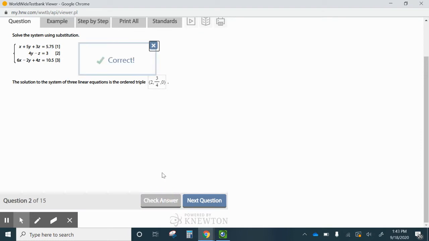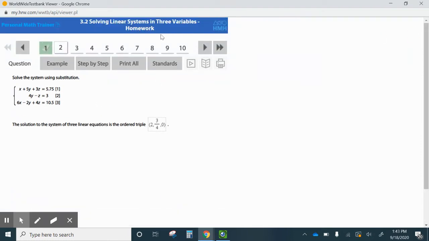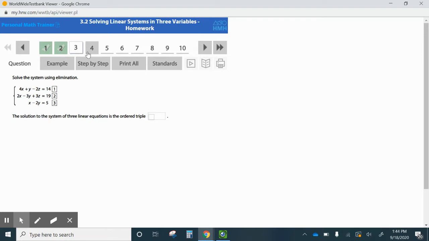It says solve by elimination, so let's do that. Question number 3, I'm going to write this down.